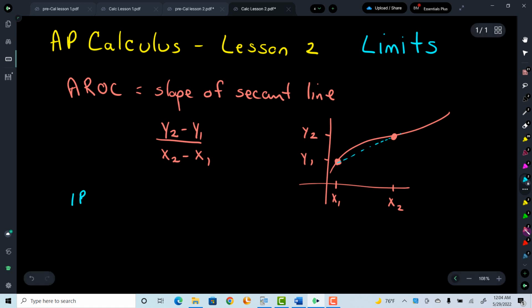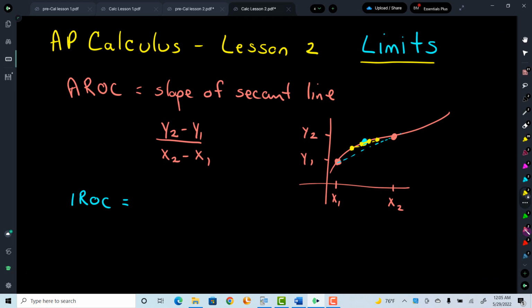Your instantaneous rate of change is found when these 2 points, so let's say that you were trying to find the instantaneous rate of change of that point, we would take 2 points close to that point and we would find the slope. Well, the closer those points get, the more accurate that estimate of the instantaneous rate of change. So this is actually a concept that we call limits, okay?